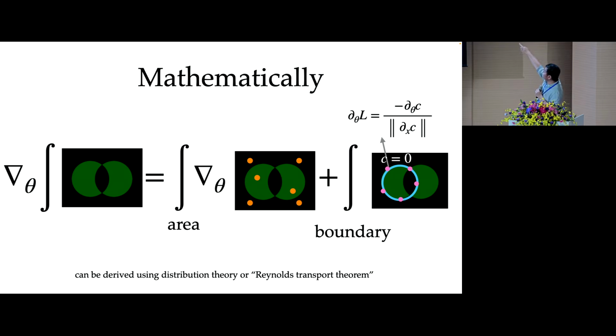Inside this boundary integral, you evaluate the derivative of your loss by taking the condition C, taking the derivative with respect to theta divided by the norm of C's derivative with respect to x, and you take the negative. This can be proved using the implicit function theorem or something like that.